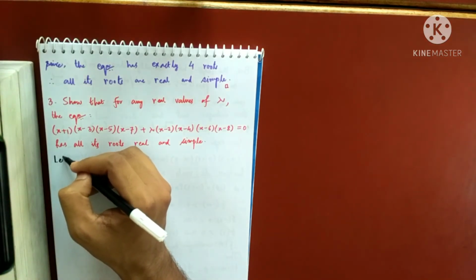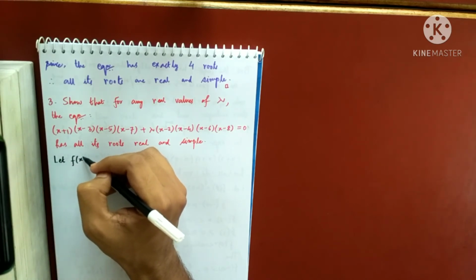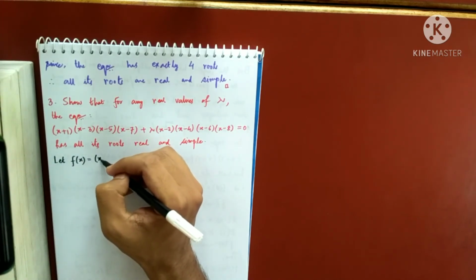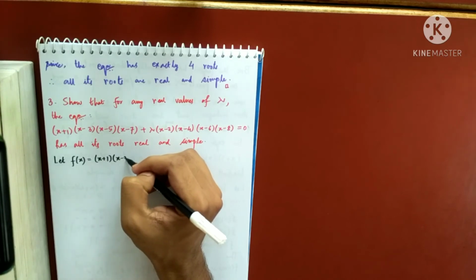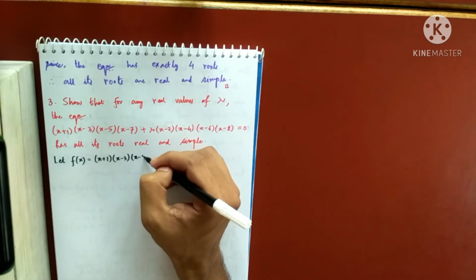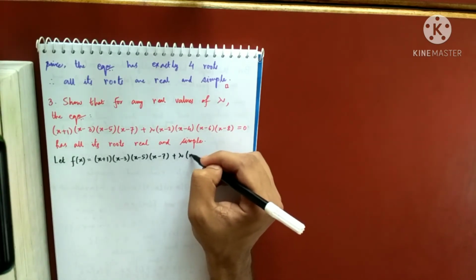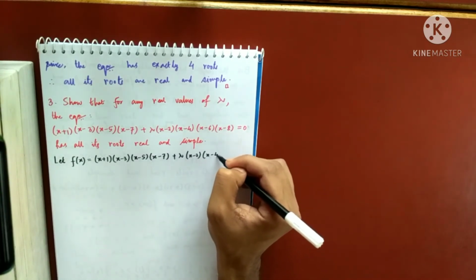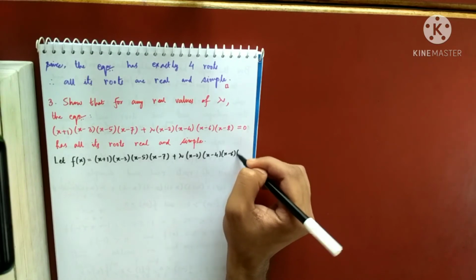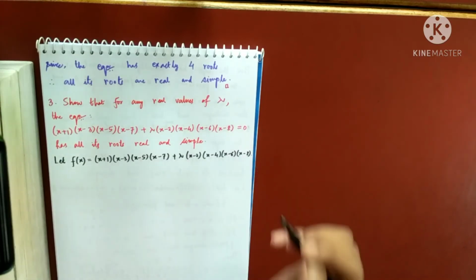So how will I start? Again the same logic, I'll give this some name. So let f of x equals x plus 1, x minus 3, x minus 5, x minus 7 plus lambda times x minus 2, x minus 4, x minus 6, x minus 8.